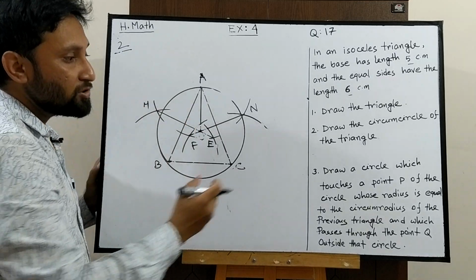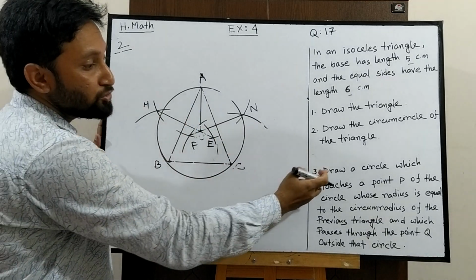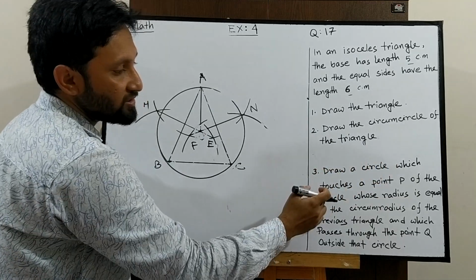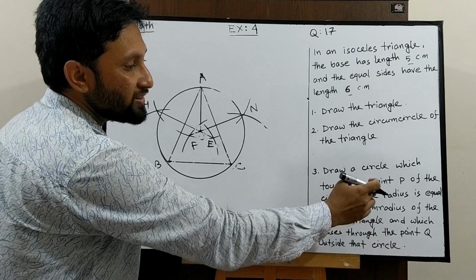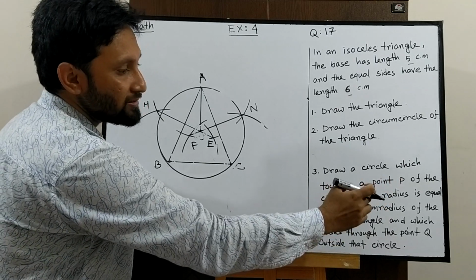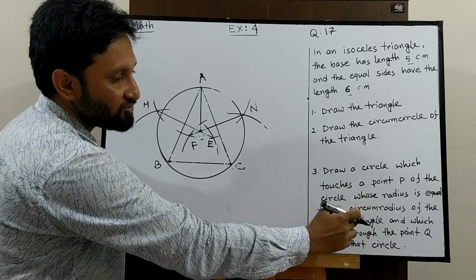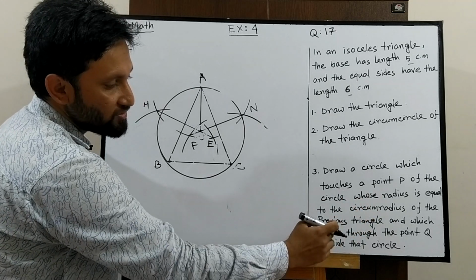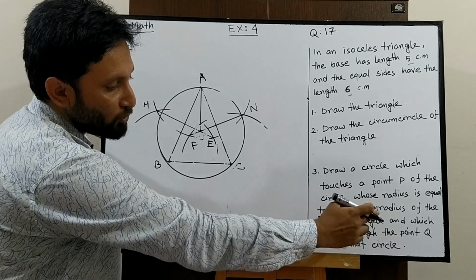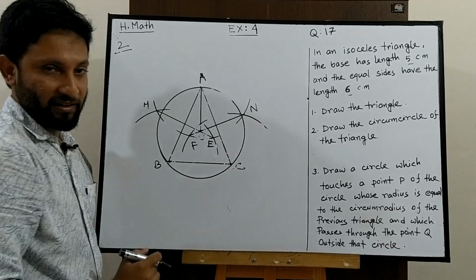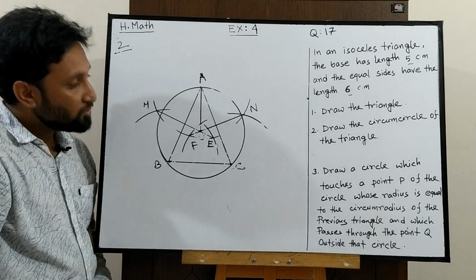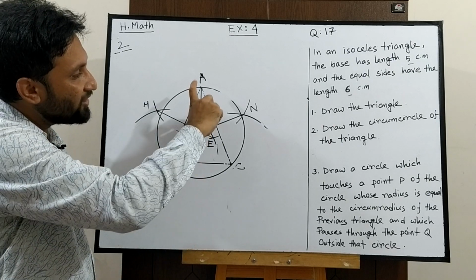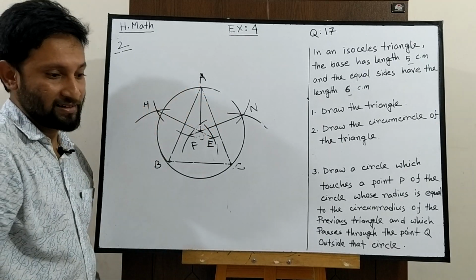Okay, now question 3. Draw a circle which touches a point P of the circle whose radius is equal to the circumradius of the previous triangle and which passes through the point Q outside the circle. That means to draw question number 3, we need the radius of this circumcircle.